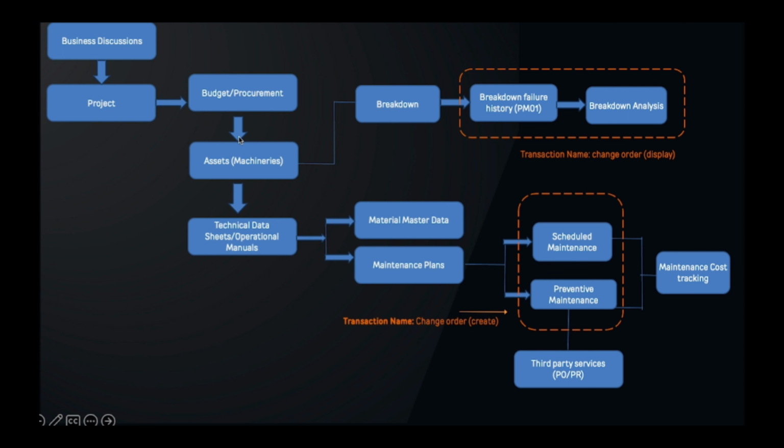After the procurement, we have the machines on ground already installed. When these machines come to site, they come with technical data, operational manuals, and additional task lists. The reason why we need technical data is this: with the technical data, we can know at what operational rate a particular machine is running, at what power, how many kilowatts.